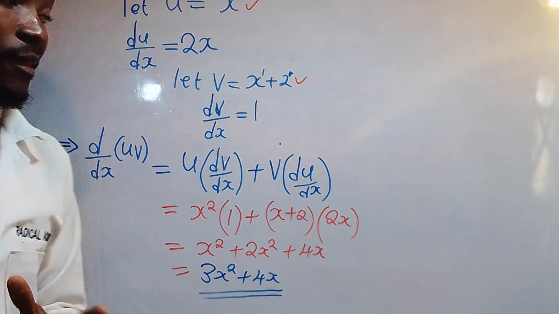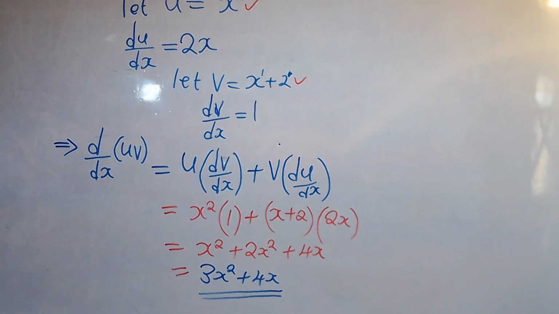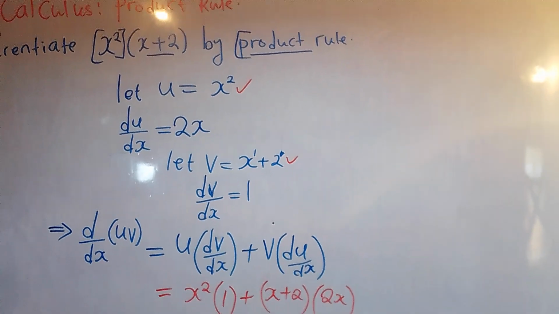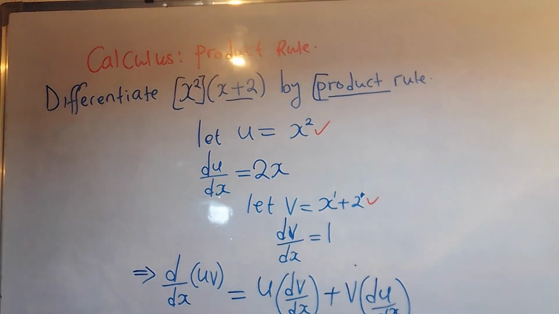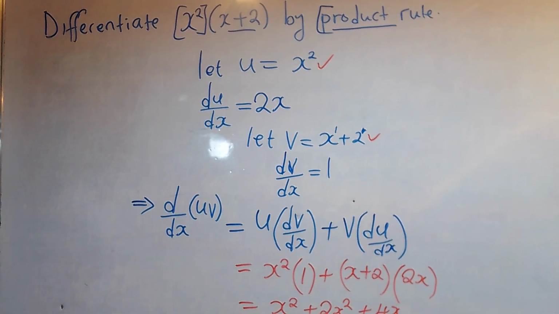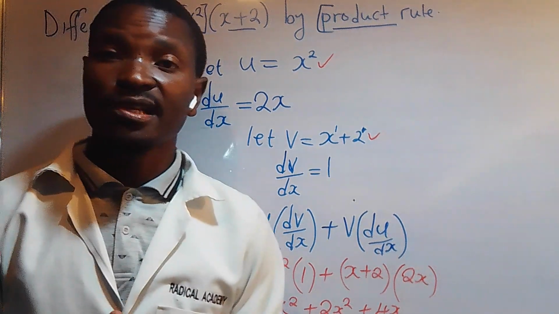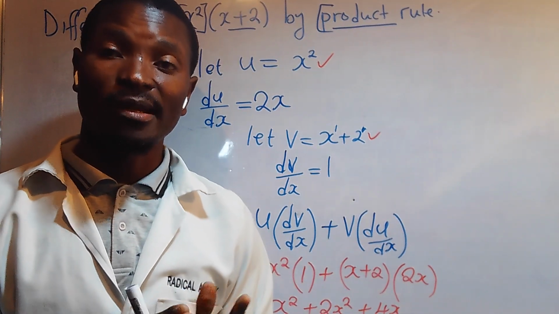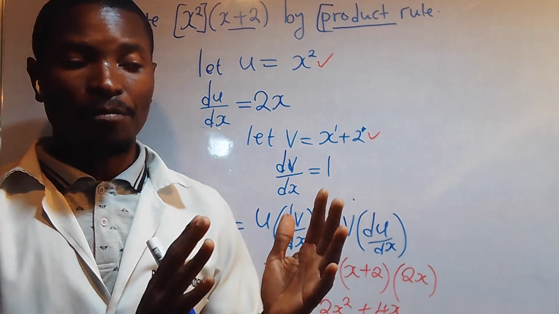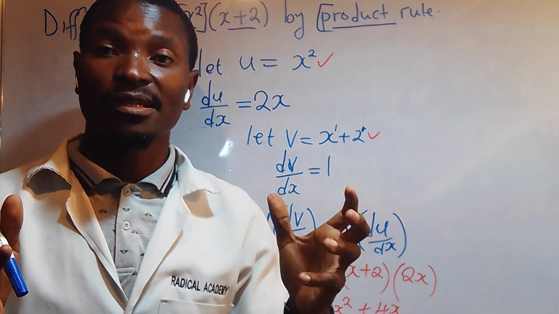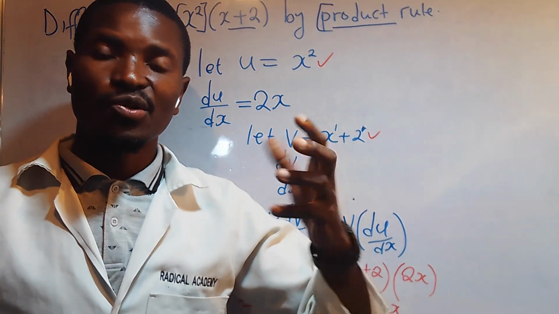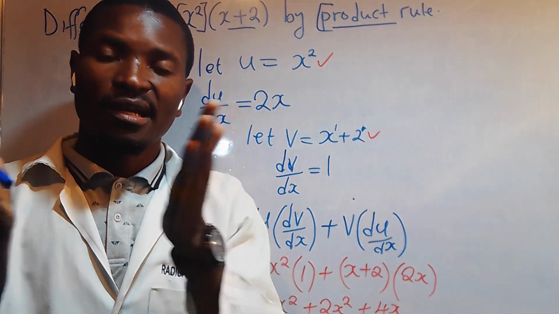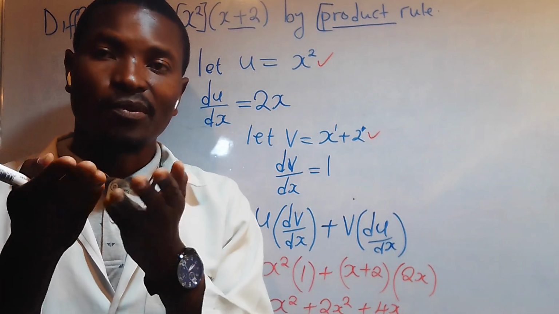So this is just the basic of what is called the product rule. You have a certain function that is defined, and this function is separated into two functions, and then you need to find the product of that.